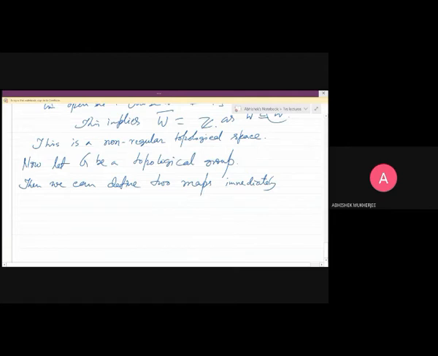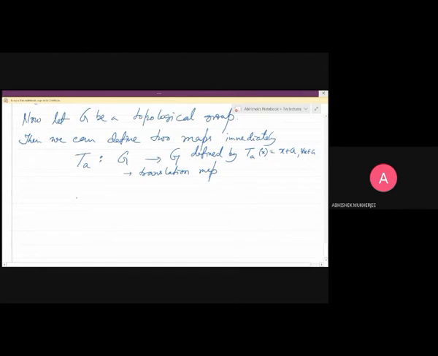One is, suppose TA from G to G defined by TA of x goes to x plus a for all x belongs to G, which is called the translation map.